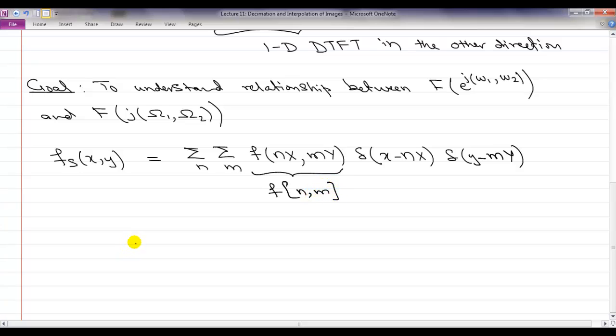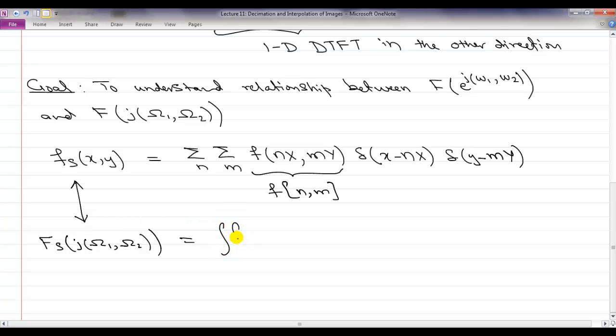So previously we had written the Fourier transform of f_s(x,y) as a function of the original signal. Now our goal is to write it as a function of the discrete sequence. So for that, we will just write down the Fourier transform of this and use the definition of the Fourier transform, which is simply that we take the two-dimensional integral of this and multiply it with the 2D sinusoid.